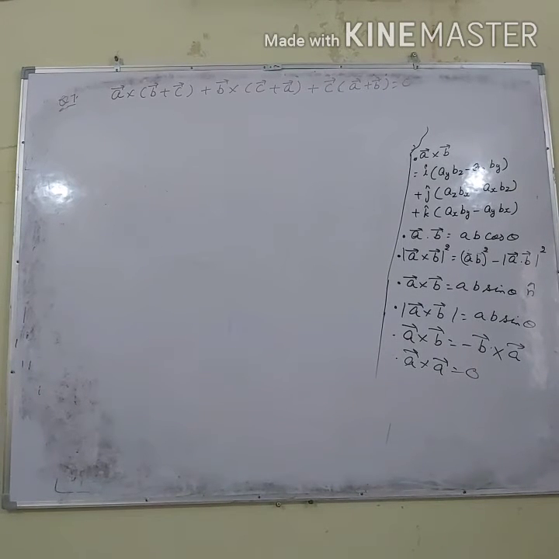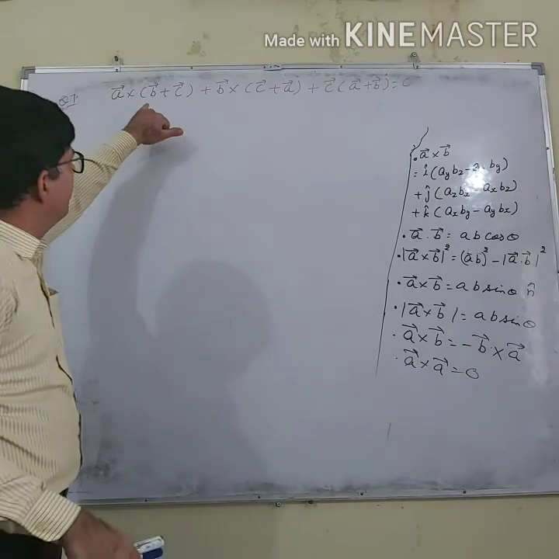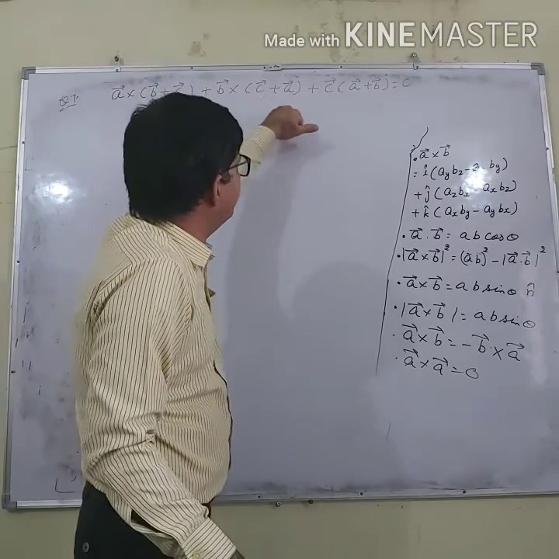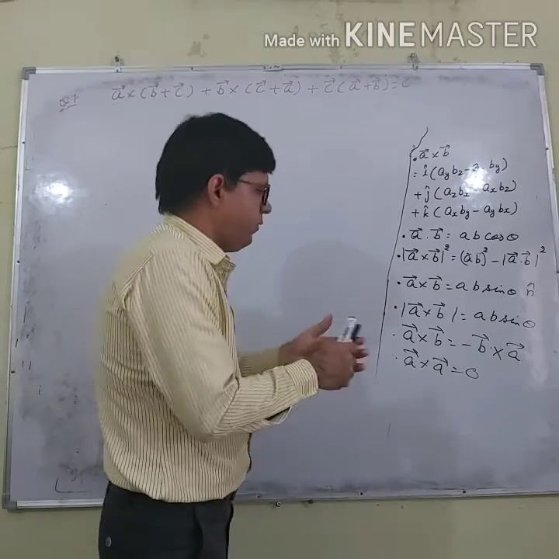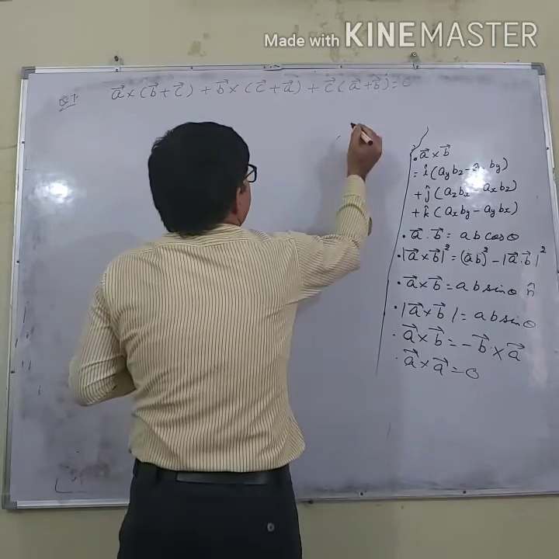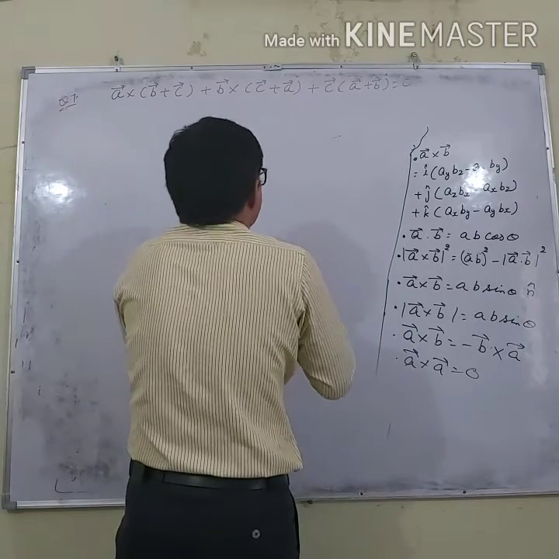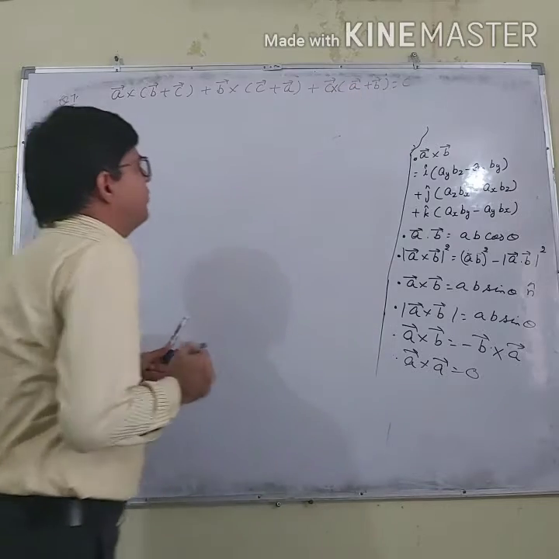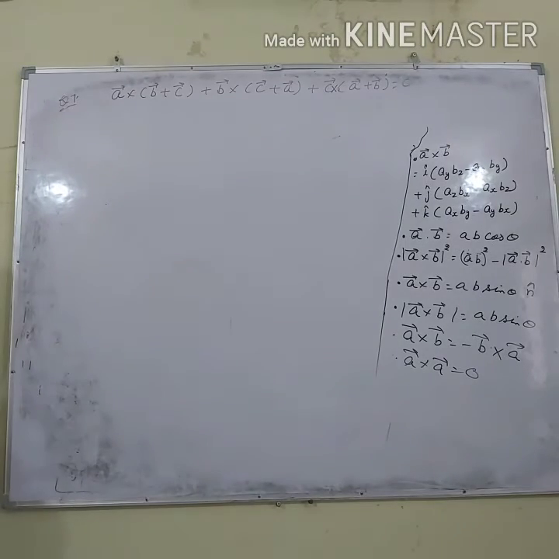Question number 7 is on the screen. Prove that a cross (b plus c) plus b cross (c plus a) plus c cross (a plus b) is equal to 0. So again, when we are given a question like this, remove the bracket first.